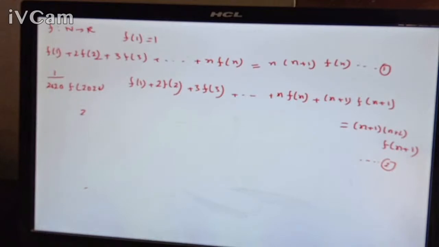Now, subtracting 1 from 2, we will get (n plus 1) f(n plus 1) equal to (n plus 1) into (n plus 2) f(n plus 1) minus n into (n plus 1) f(n).